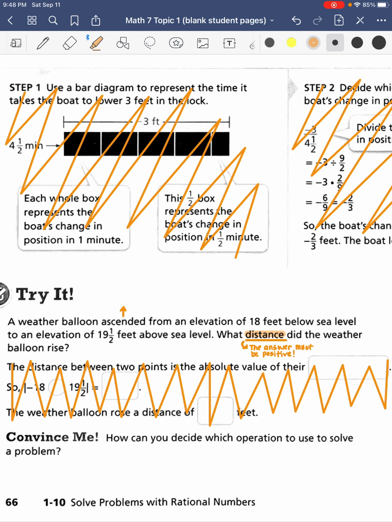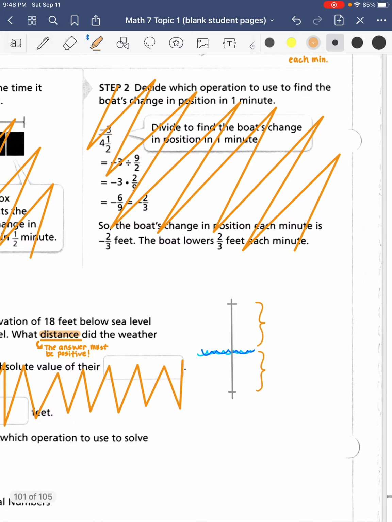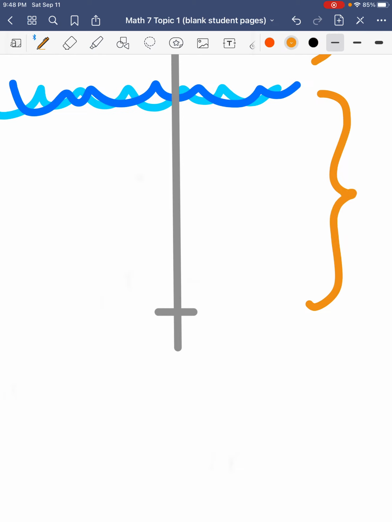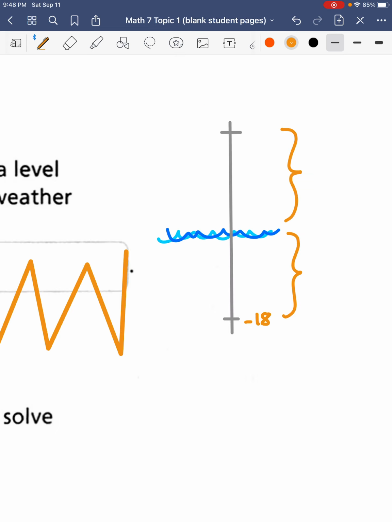So for me to understand this one, I thought it was best to draw a picture. So that's what I did right here. We know that the weather balloon starts at an elevation of 18 feet below sea level. Well, what does that mean, 18 feet below sea level? Well, hopefully you understand that that means that it starts down here at -18 feet.